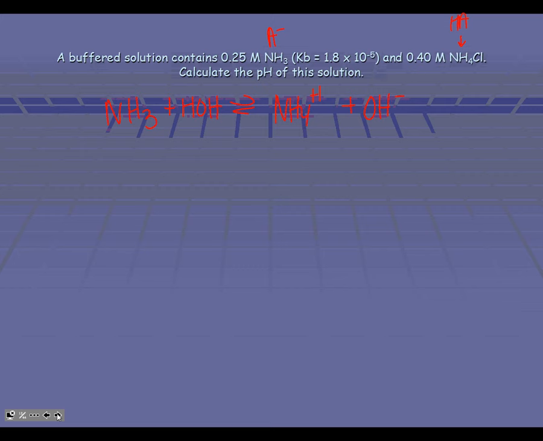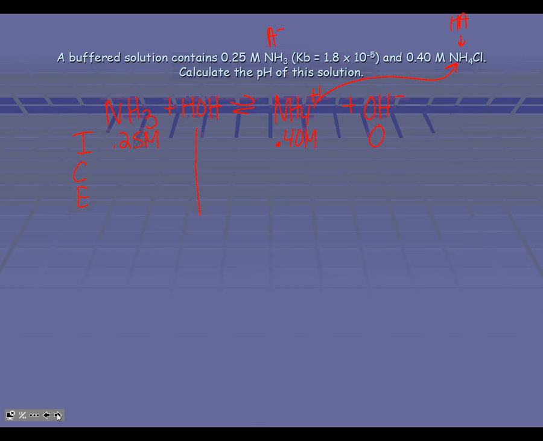We'll start with our ICE table. We have 0.25 molar. Don't care about that. 0.40 molar, that comes from our salt, and 0 of that.